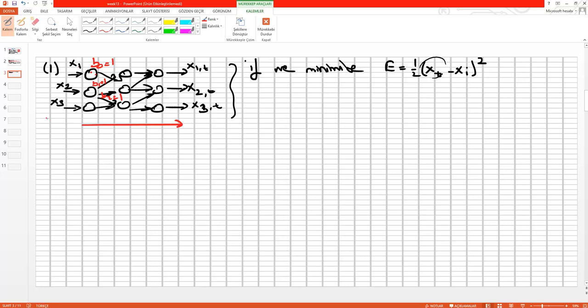We cannot train this term. So this is important to understand in here. Okay? And so in the neuron structure, we have just this kind of information, right?